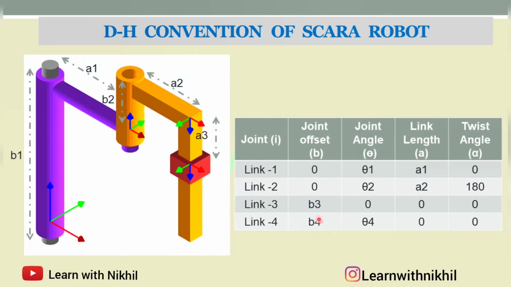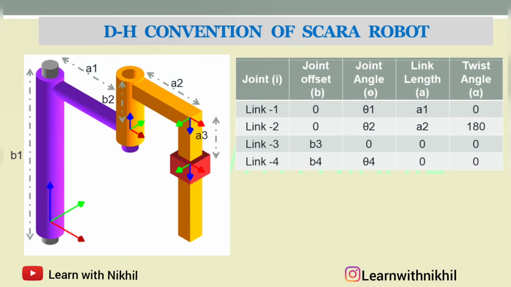But for link 4, we'll keep it here as well; later on you can substitute it with 0. Depending upon the values given, you can substitute the values and calculate. Okay, so now with this table, we will move forward to finding the forward kinematics.